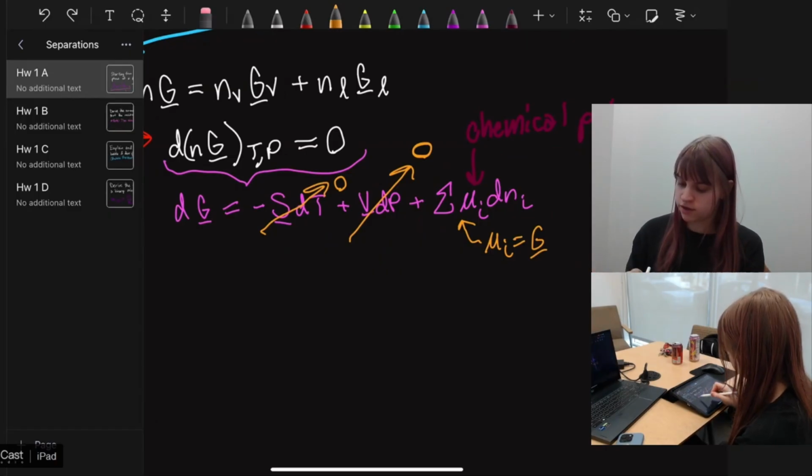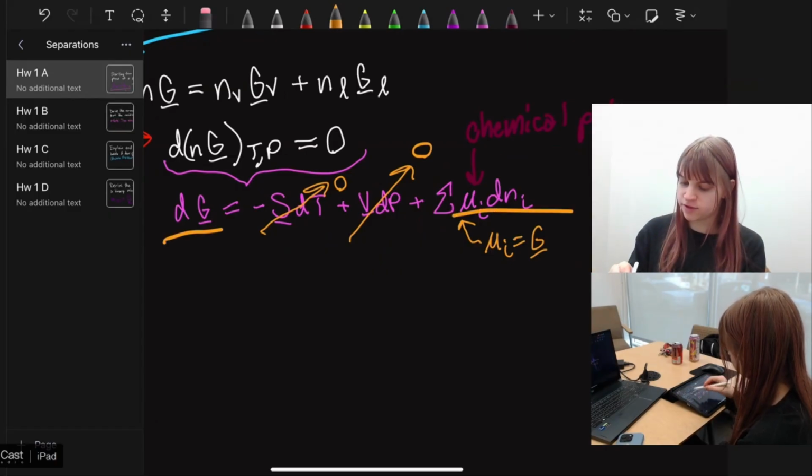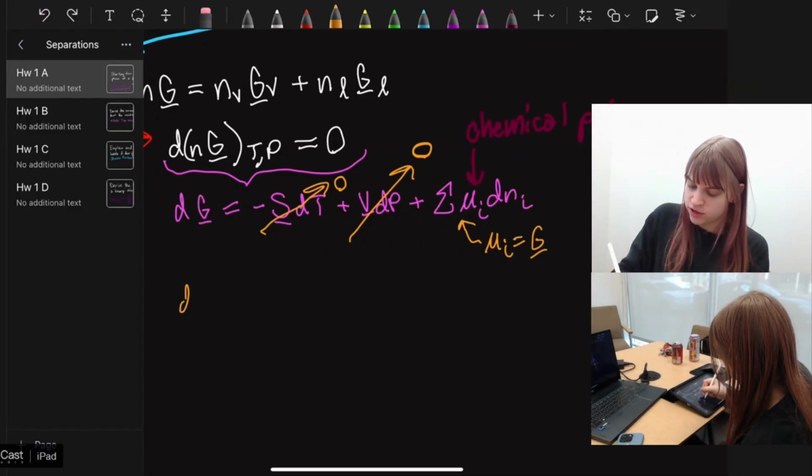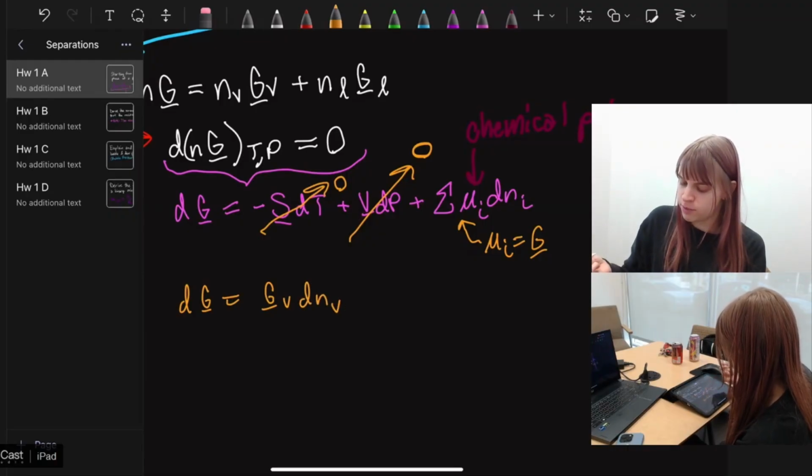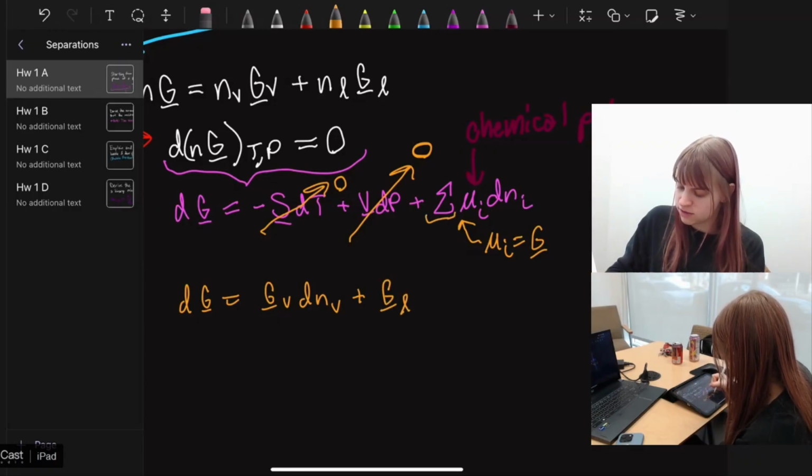So we can take this equation and simplify it a little bit by saying the change in the total Gibbs free energy is equal to the Gibbs free energy in the vapor phase times the change in moles of the vapor phase plus, because of this summation right here, the Gibbs free energy in the liquid phase times the change in moles in the liquid phase.